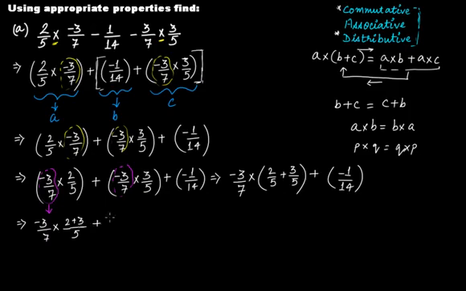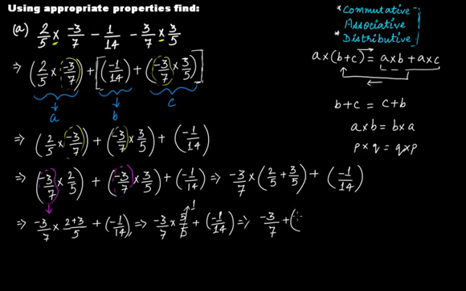And plus minus 1 over 14. From this one you get minus 3 over 7 times 5 over 5 plus minus 1 over 14. This 5 over 5 becomes what? It becomes 1. 5 divided by 5 means 1. So this gives you minus 3 over 7 plus minus 1 over 14.